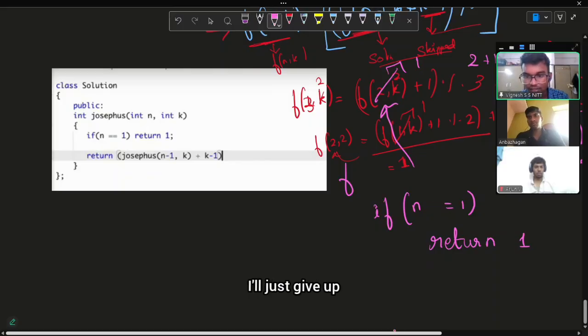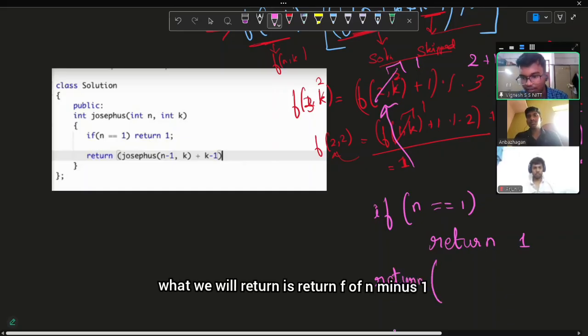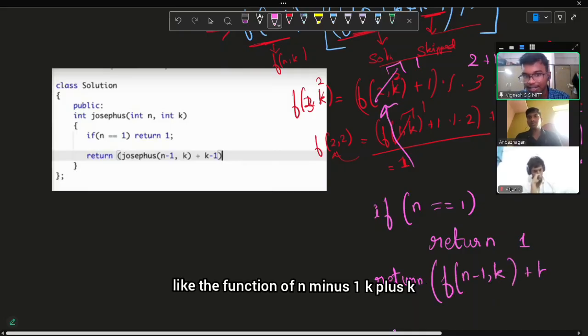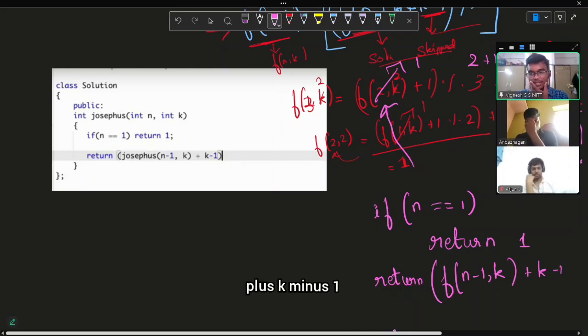I will just clear that. If n is equal to 1, return 1. In the other case, if the if statement doesn't hold, what you will return is f of n minus 1, k, plus k minus 1, the whole modulo n, plus 1.